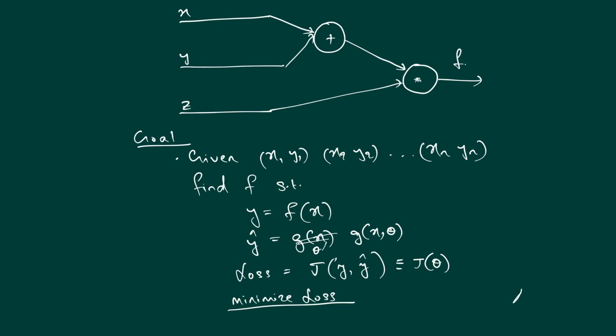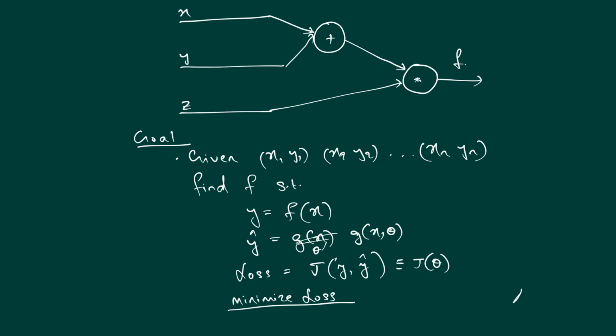Neural networks are universal function approximators, so theoretically, any function can be approximated by a neural network. And by the way, even a step function is a universal function approximator. But one thing is theory; practically, whether or not you are actually able to find f, that is the whole issue.